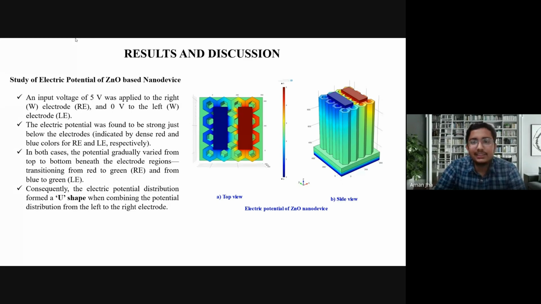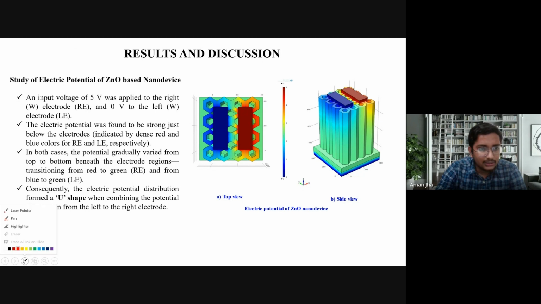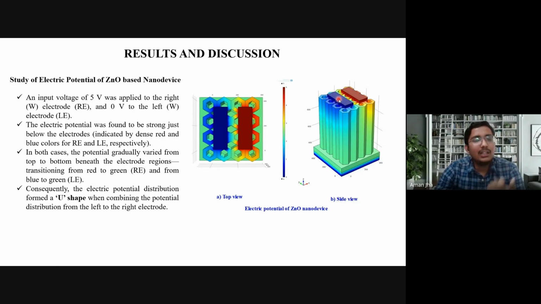In both the cases, we can observe, which I can show you using a pointer, just a second, yes, that just below the electrode which is set at 0 volt, we can see its maximum effect, and then gradually the potential increases and then again reaches its maximum under the right-hand side electrode, which is at 5 volts. This forms a distinctive U shape.